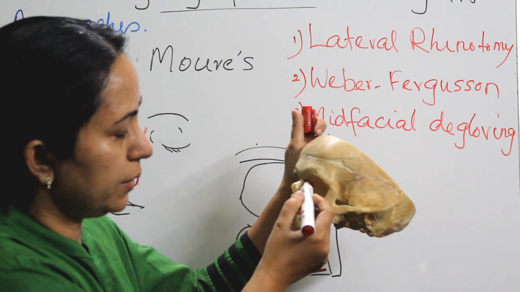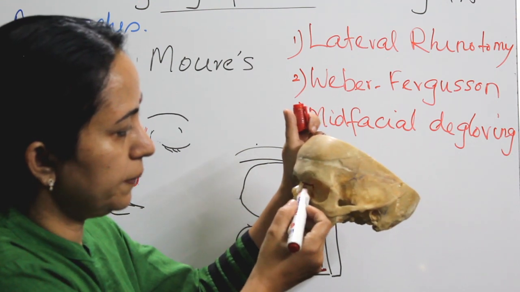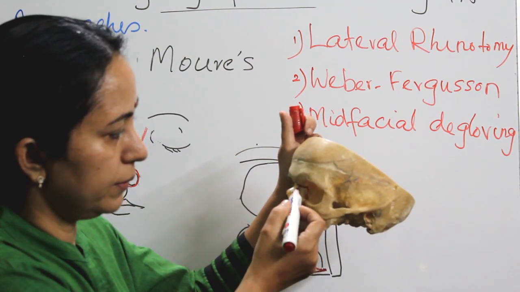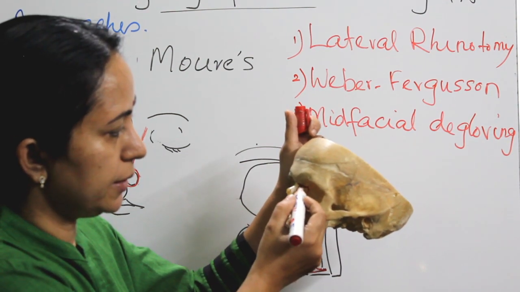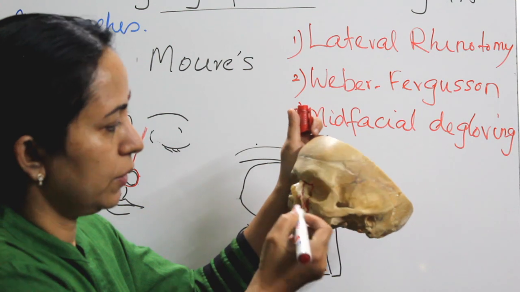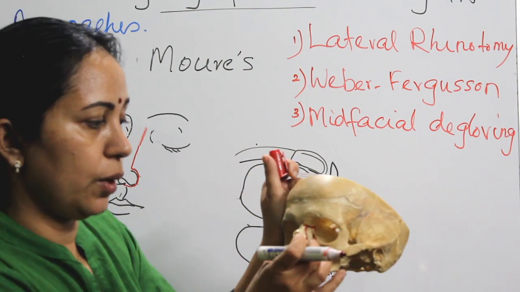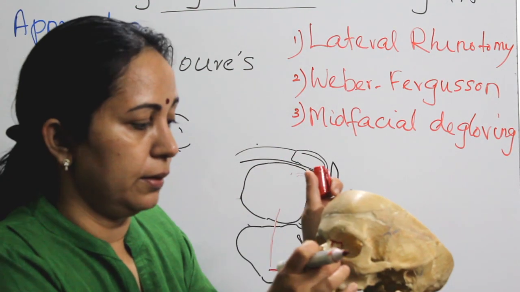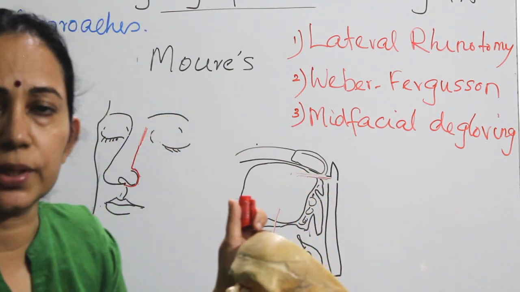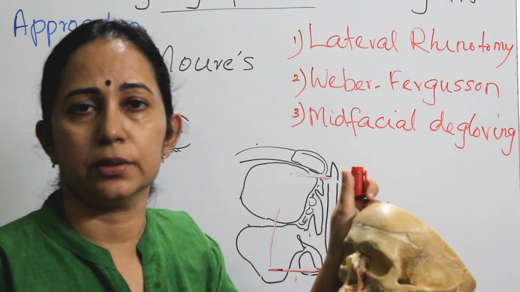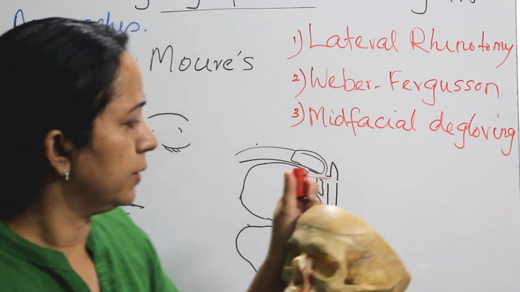Then the osteotomy comes along the lateral nasal bone, that is the naso-maxillary suture line. Right? So now you can rock the bony piece from the soft tissue attachments and take it out. Clear?